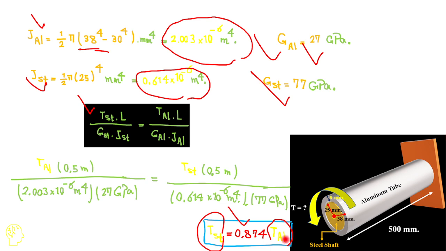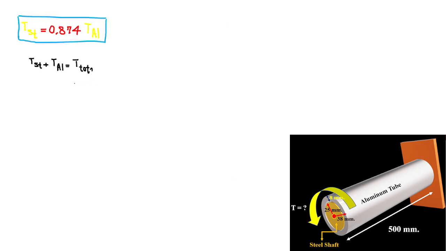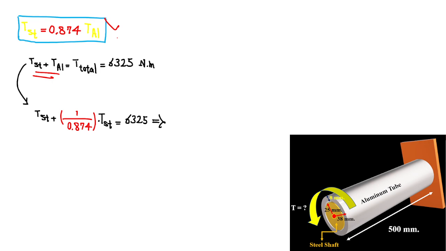So the share of torsion of steel is almost 87% of the share of aluminum torsion. Applying these two equations, we get this relation, and the total summation of them should equal the total amount of torsion. So if we have these two equations, we place T steel and T aluminum based on T steel.